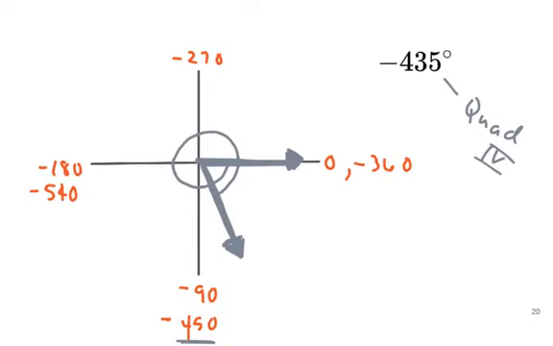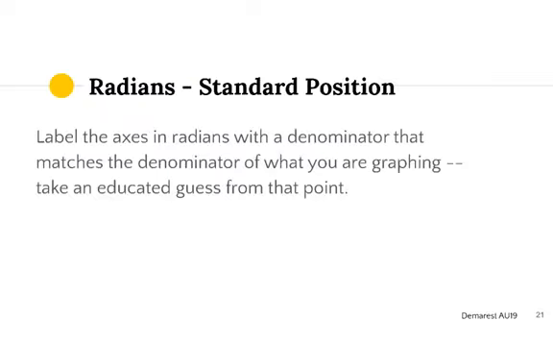Right, so degrees tend to usually be easier for people, but I'm telling you, radians can make just as much sense so long as you make everything comparable. So let's practice some radians. Okay, so just like we did with degrees, in standard position, you're going to label the axes when you're going to graph.